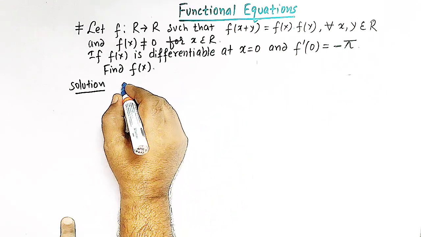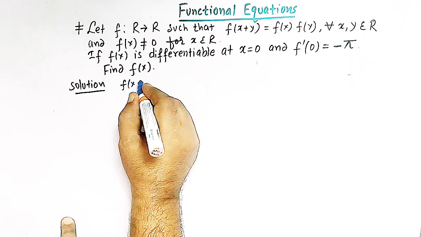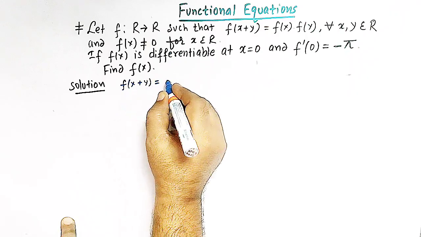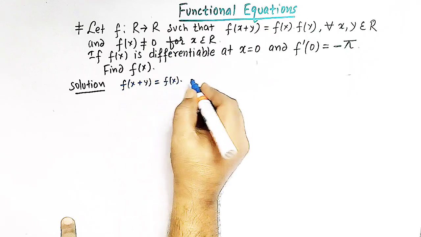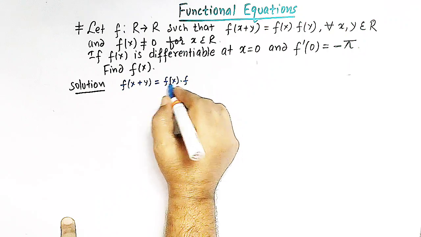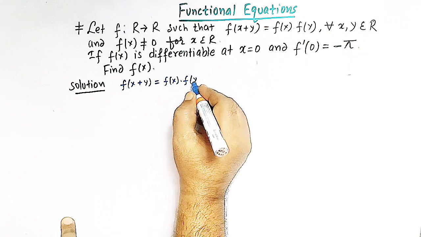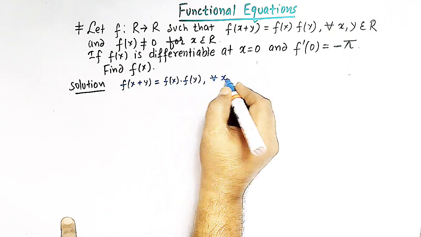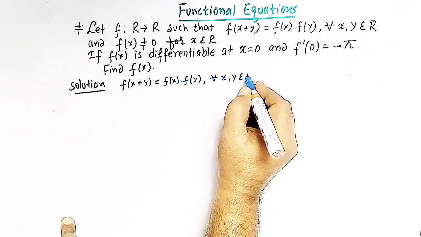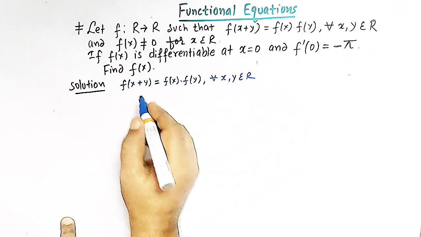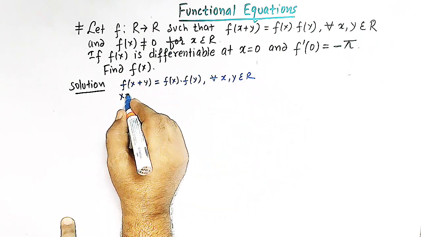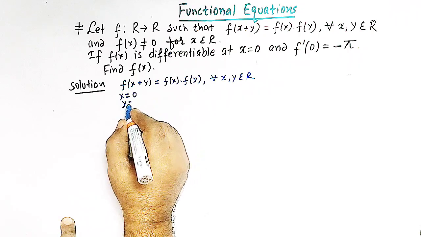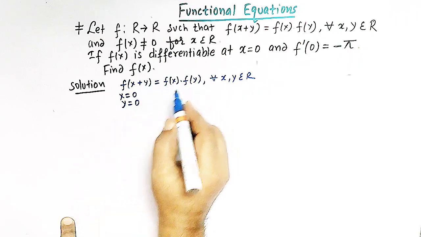So here we are given the equation, that is f of x plus y is equal to the product of f of x and f of y for all x and y belonging to the set of real numbers. Now let us take x is equal to 0 and y is equal to 0 in this equation.